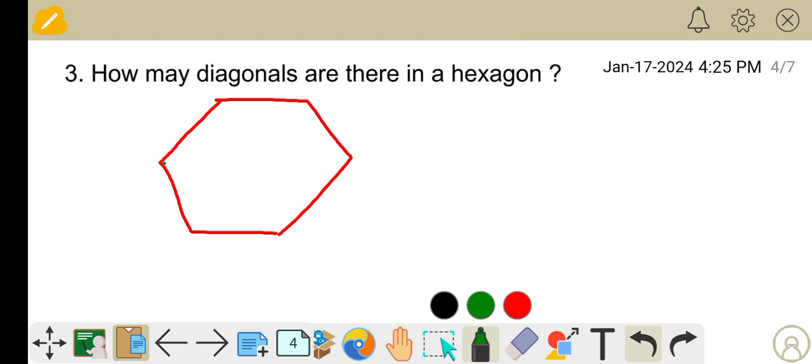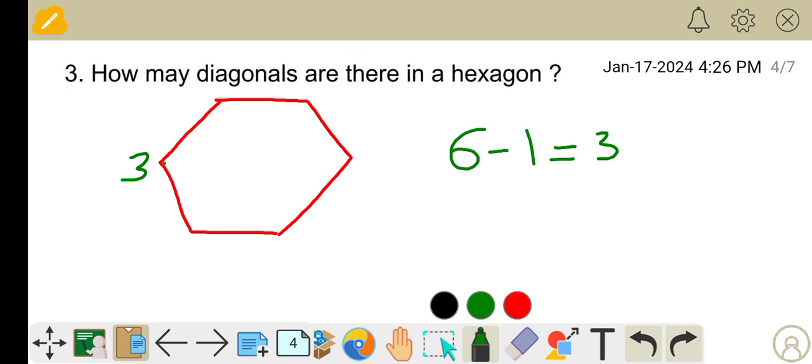From a vertex we cannot draw a diagonal to itself or to its two adjacent vertices. So how many diagonals can be drawn from this point? Total 6 vertices minus 3, so we can draw only three diagonals from this point.